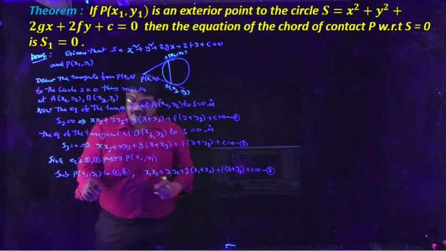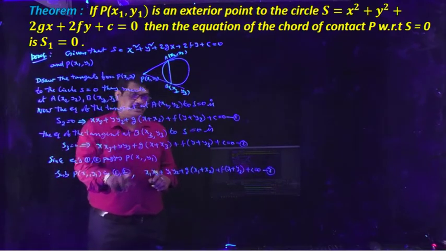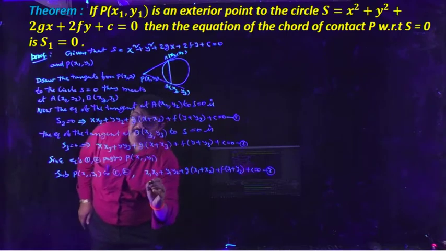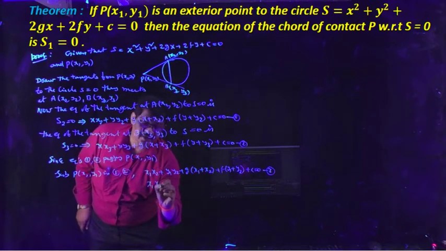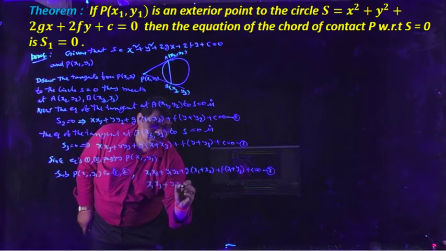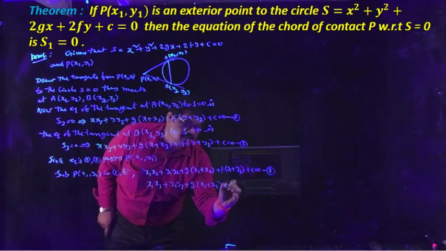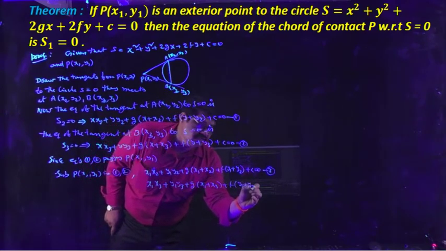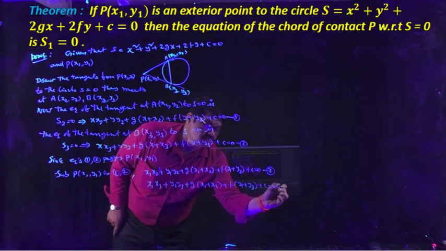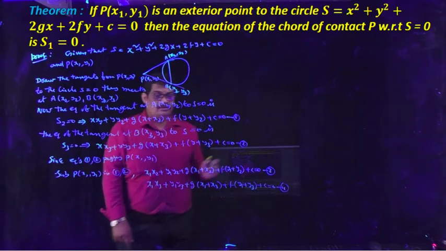And again substitute this point x1, y1 in equation 2. Then we are getting x1x3 + y1y3 + g(x1 + x3) + f(y1 + y3) + c = 0. This is equation 4.